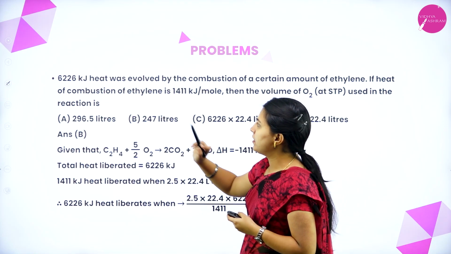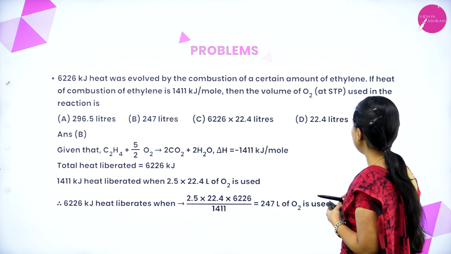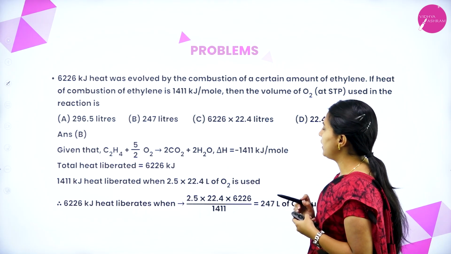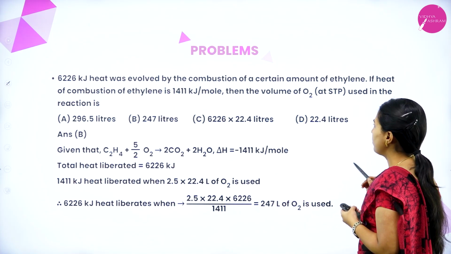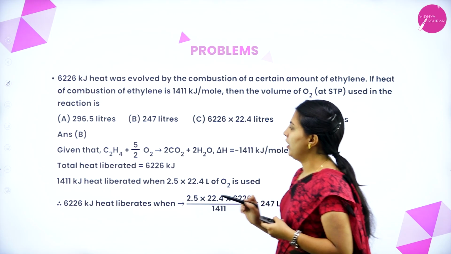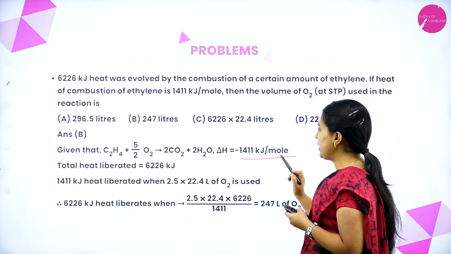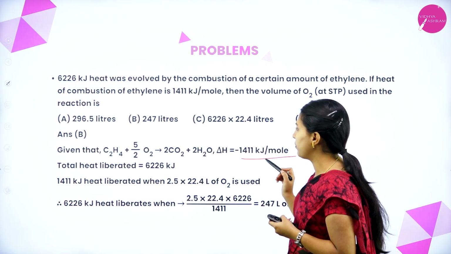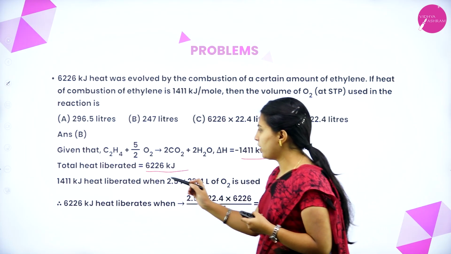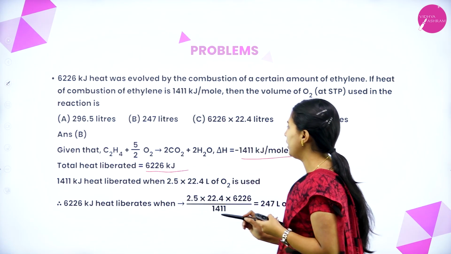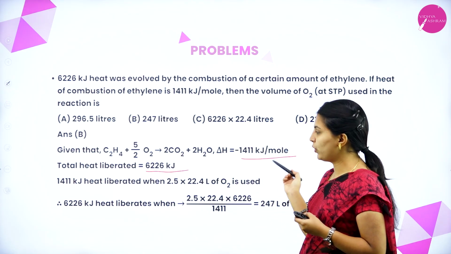Next one, 6226 kilojoule is evolved by the combustion of a certain amount of ethylene. If the heat of combustion of ethylene is 1411 kilojoule per mole, then the volume of O2 used in the reaction is... See, this is again the reaction, ethylene means C2H4, it is around minus 1411 kilojoule per mole. Total heat liberated is 6226 kilojoule, and 1411 kilojoule heat is liberated when 2.5 into 22.4 liters of oxygen, that is O2, is used.